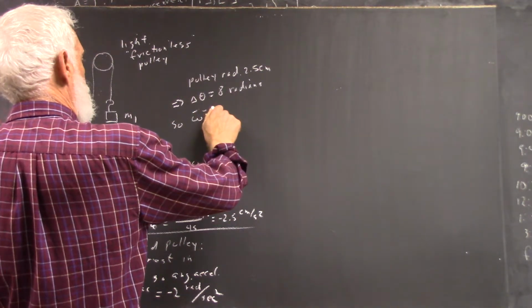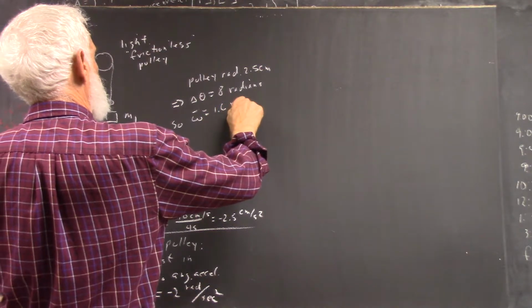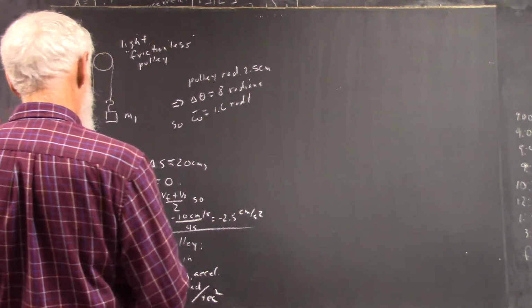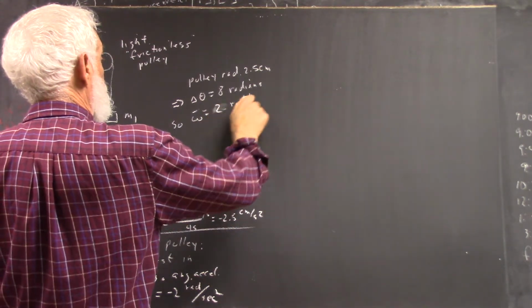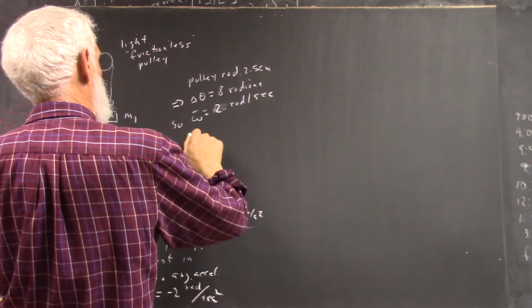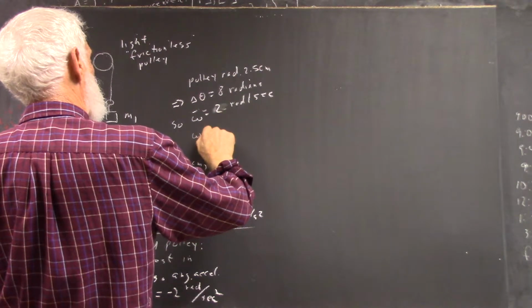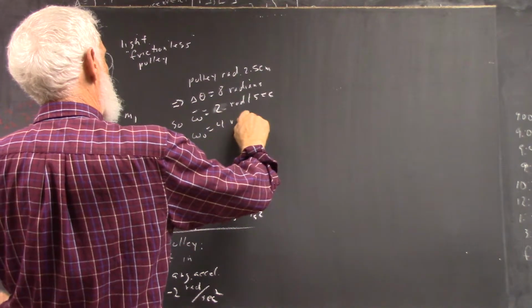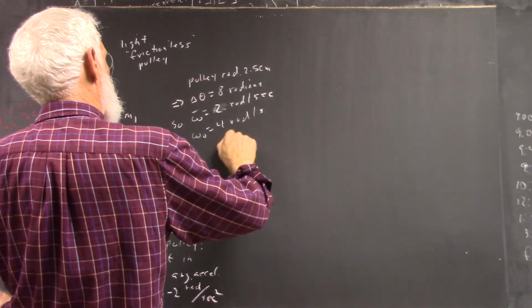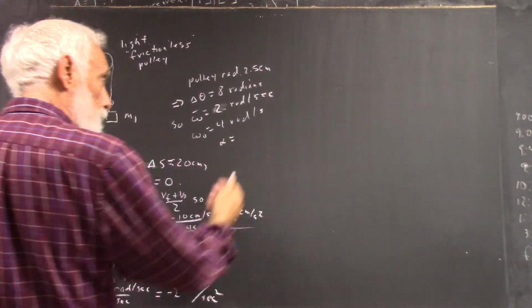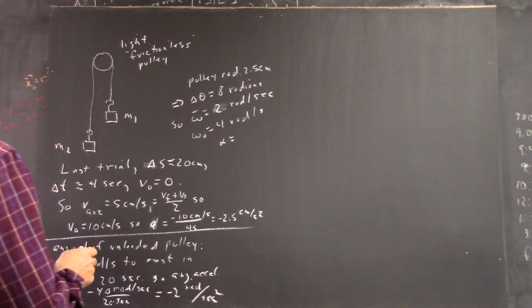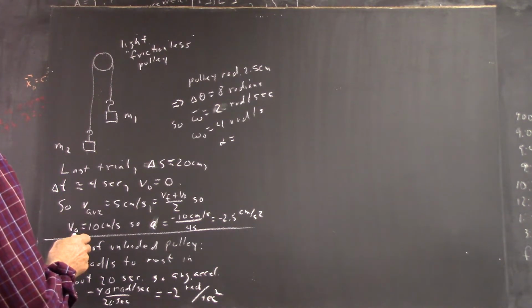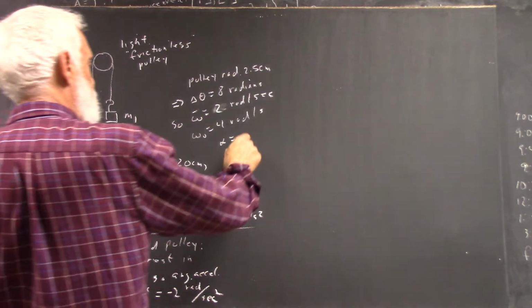So average omega is 8 radians over 4 seconds, so it's 2 radians per second. And the angular acceleration is 2 radians per second divided by 4 seconds.